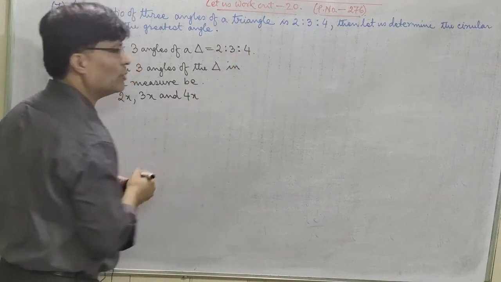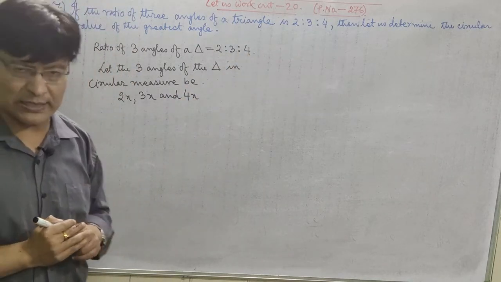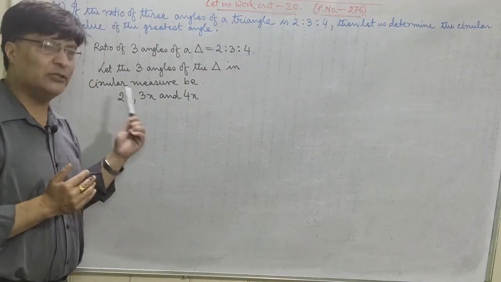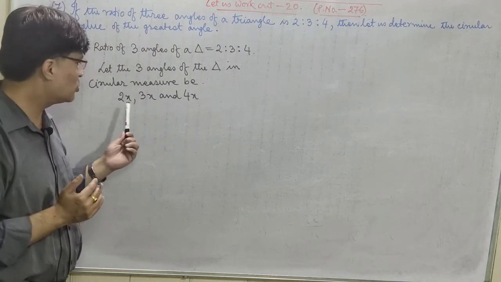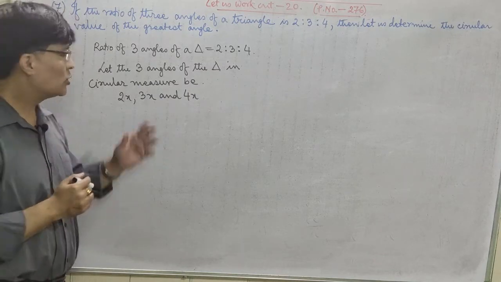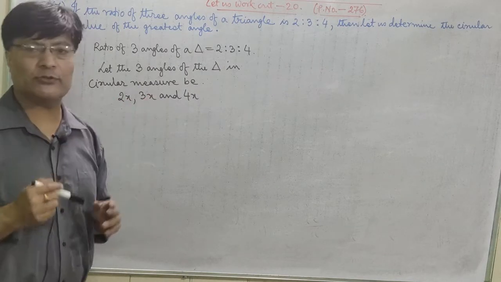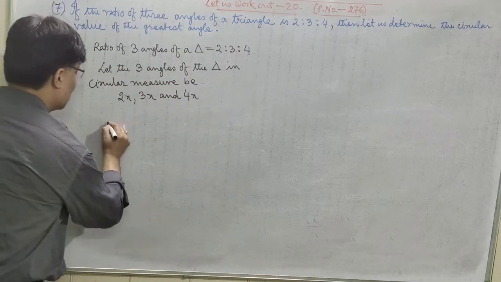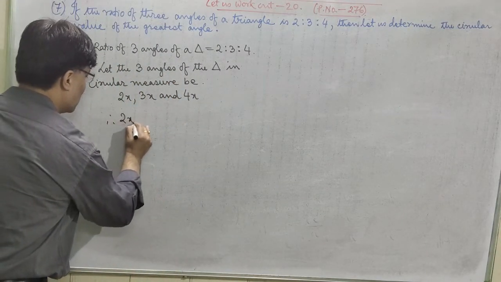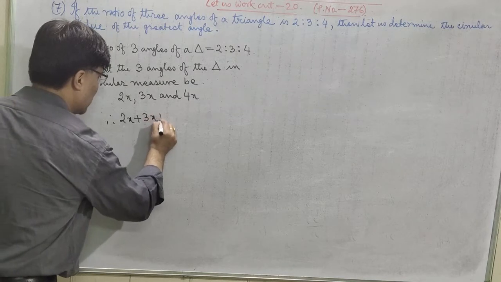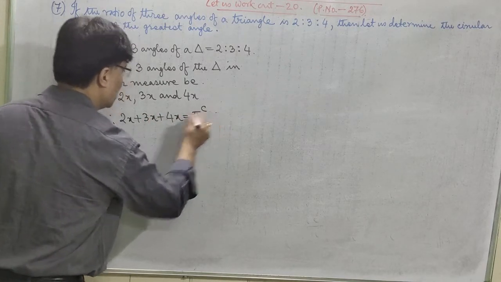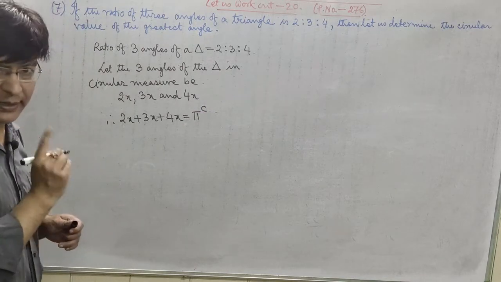So all these numbers are multiplied by the same quantity. So these are the three angles of a triangle in circular measure. So what is their summation? Therefore 2x plus 3x plus 4x in terms of radian is pi radian.